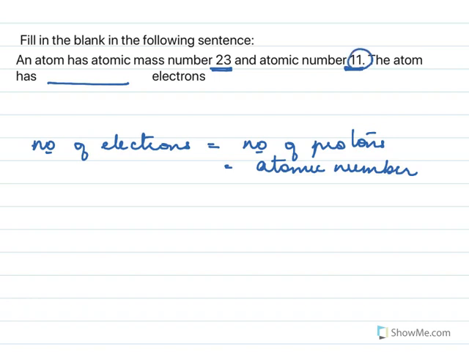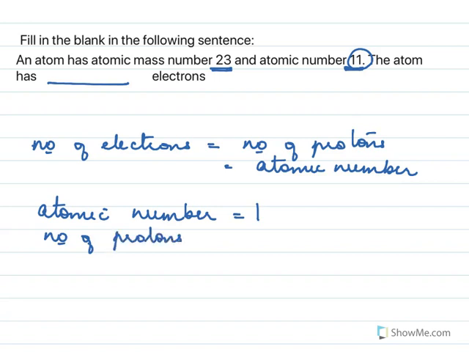Here they've said the atomic number is 11. Atomic number equal to 11 means number of protons equal to 11, which means number of electrons also 11. So the answer here is 11.